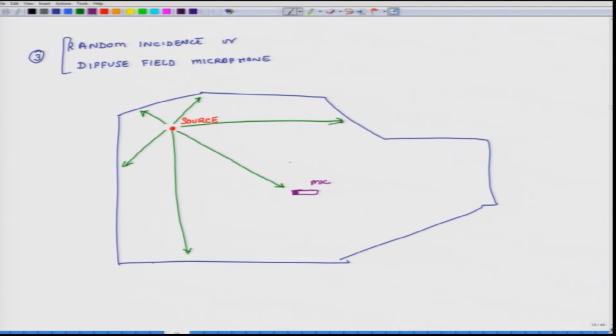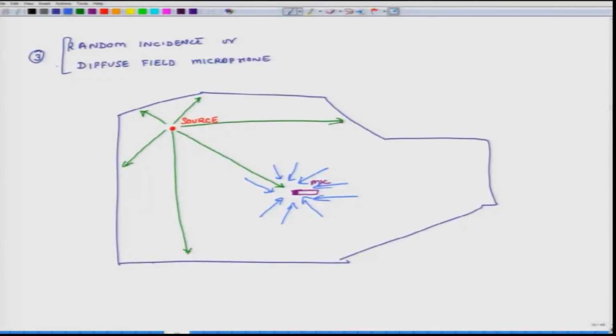They reflect, and ultimately you have not only direct sound, but the microphone receives reflected sound from all directions. And it is not just one reflection. Sound comes, reflects, again goes to another wall, again hits. So, at the end of the day, it is a homogeneous mixture of sound coming from all directions. So, from all directions the same amount of sound is coming.